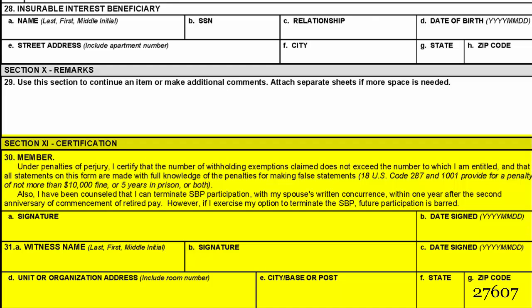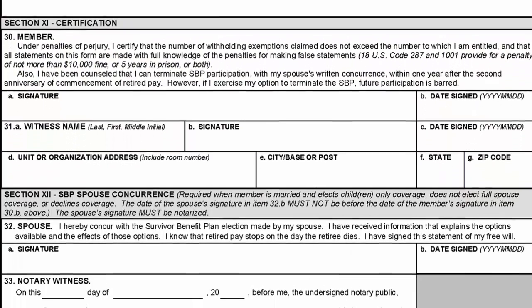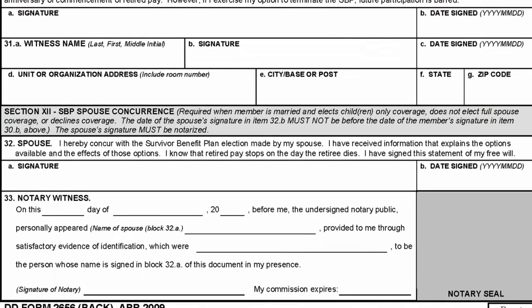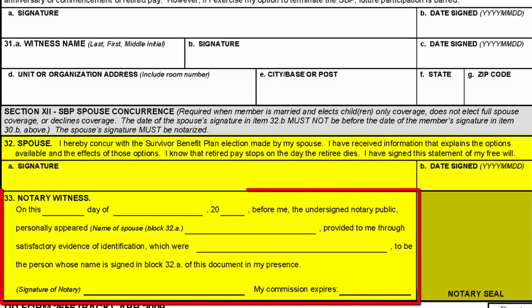That will be everything that needs to be filled out in the DD 2656 in the event you elected to have full coverage on your spouse. However, if you did not elect full coverage on your spouse, they will need to sign and date. They will not do this until they are in front of a notary witness, at which time the notary will fill out their notary information.